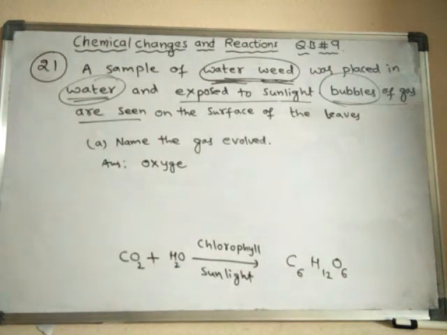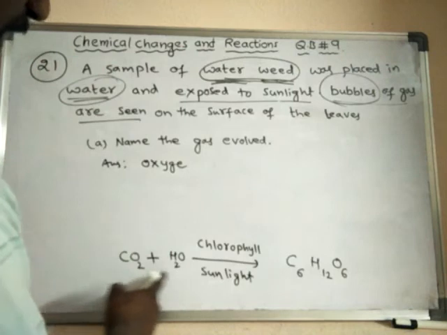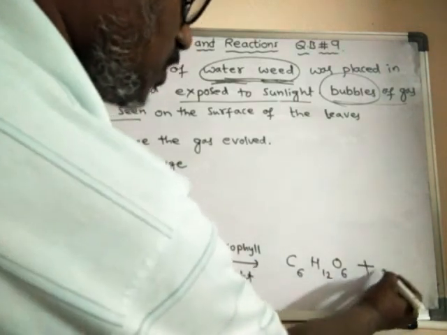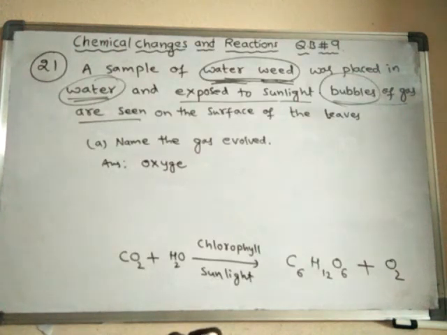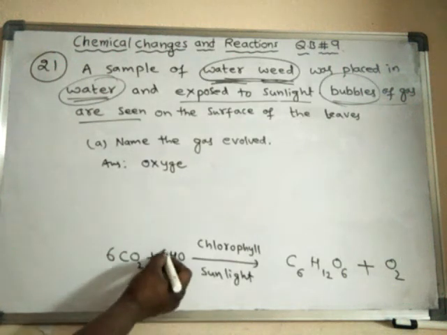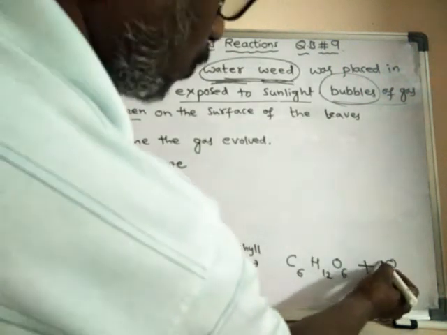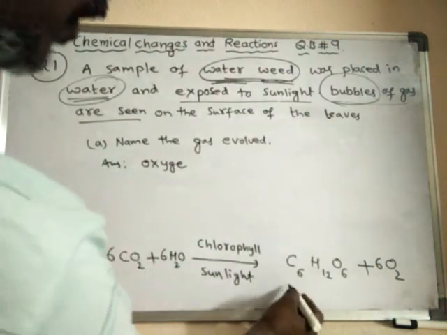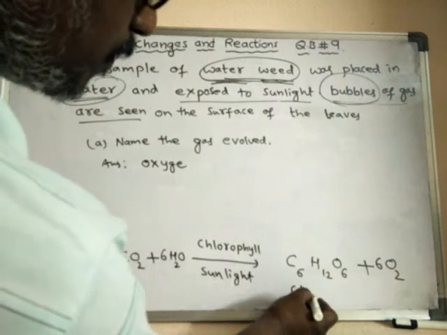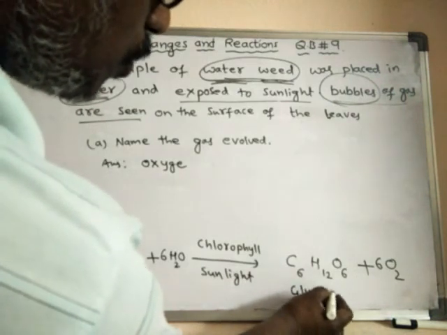In this process, oxygen gas is liberated. If you balance this, 6 carbon dioxide molecules react with 6 water molecules to produce 6 oxygen molecules and 1 molecule of glucose. Glucose is a food material.